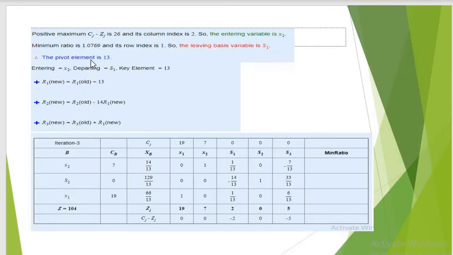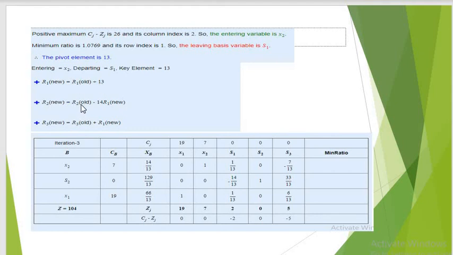From the previous table, we can see that the pivot element is 13. Next, to form the next table, you have to make that pivot element 1 and all other elements in that column 0. For that, we use the elementary row transformations. So new R1 equal to old R1 divided by 13.